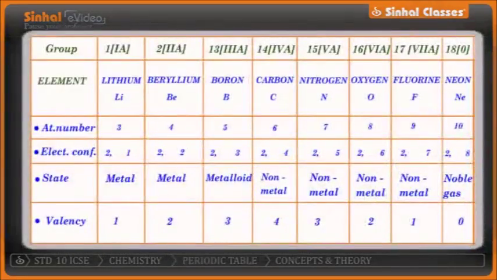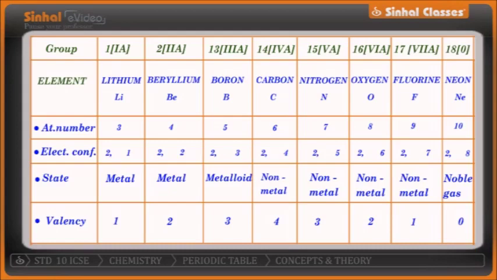Second period, which consists of 8 elements, starting with lithium. The other members of the period are lithium with atomic number 3, beryllium 4, boron 5, carbon 6, nitrogen 7, oxygen 8, fluorine 9, and neon 10.